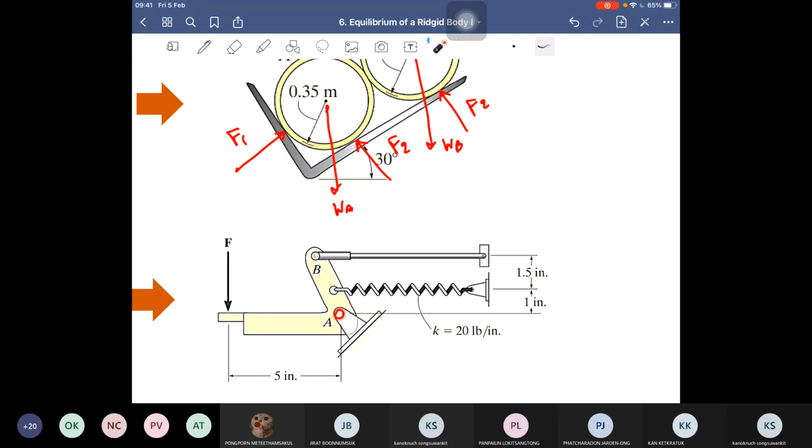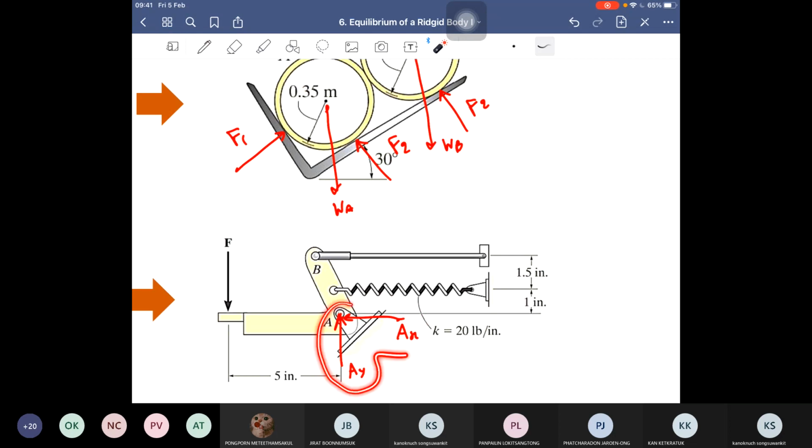Okay, so for this pin, because it can resist only the translation but not the rotation, we have only reaction forces, AY and AX. First, just suppose that AX and AY act in any direction.